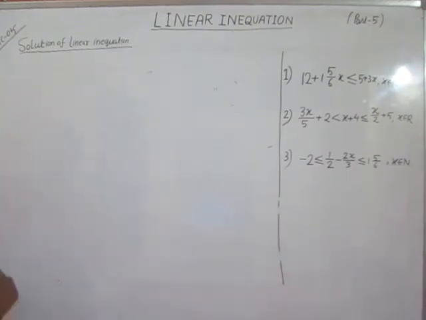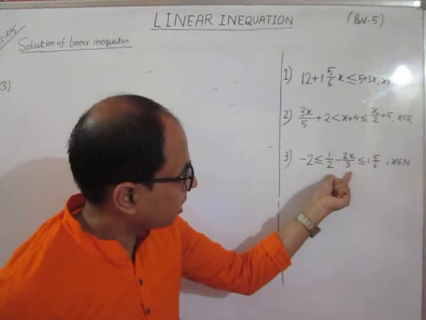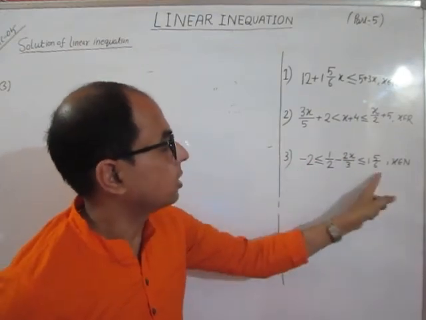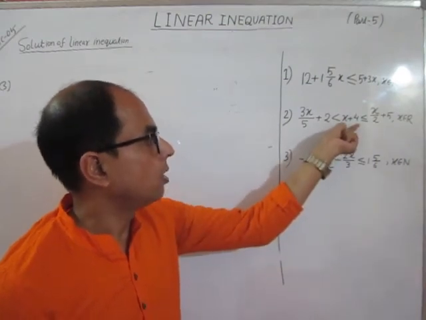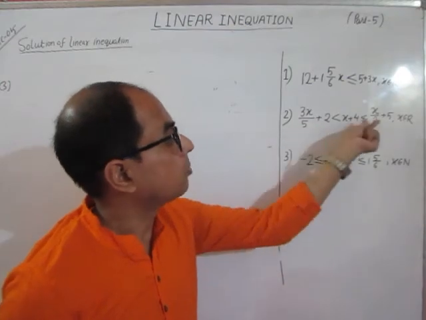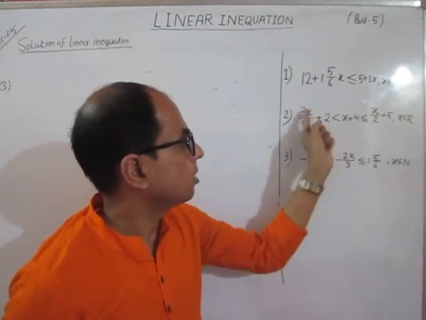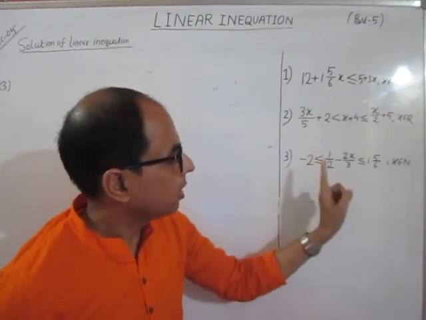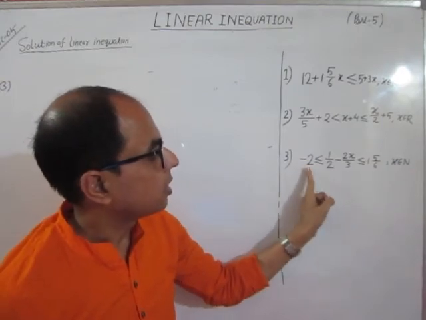Now in the third inequation you can see one linear expression is compared with two constants. This is also a linear expression, that means a term of x is there. But on this side it is a constant and this is also a constant.